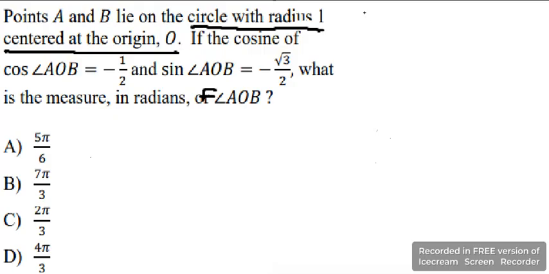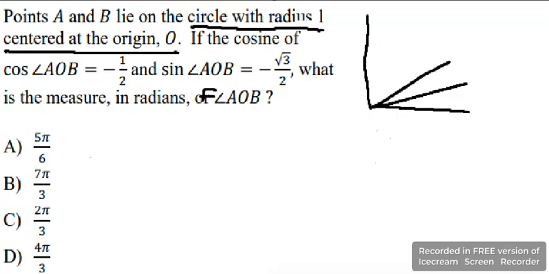So drawing the first quadrant, I'm going to show you the ordered pairs that we're going to use, or the most important ordered pairs. So here we have 60, we have 45, we have 30. For 30, we go with radical 3 over 2, ½.